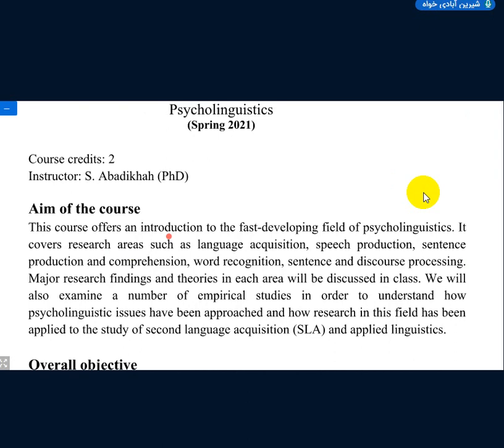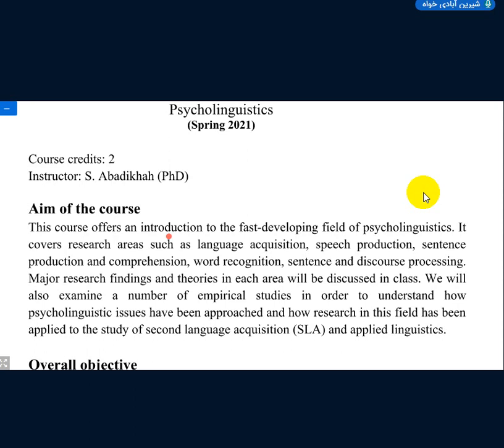It covers research areas such as language acquisition, speech production, sentence production and comprehension, word recognition, sentence and discourse processing, and there are many other areas to study in psycholinguistics. Major research findings and theories and models in each area will be discussed in the class.